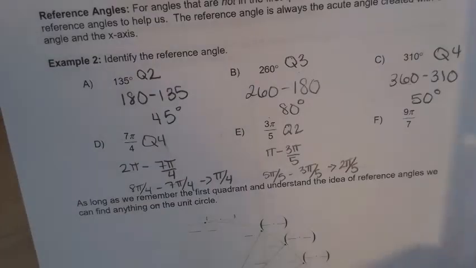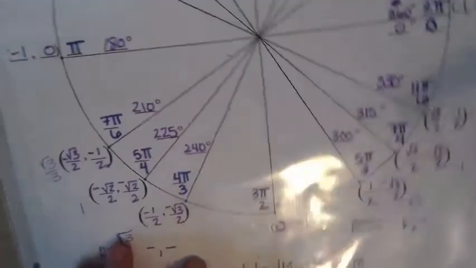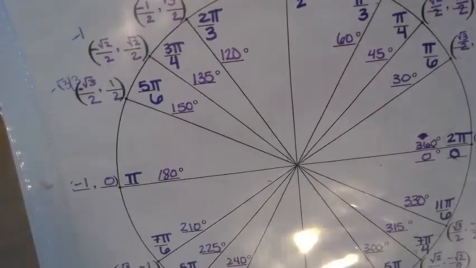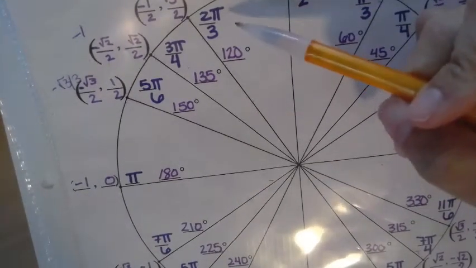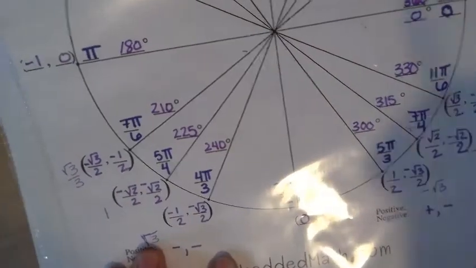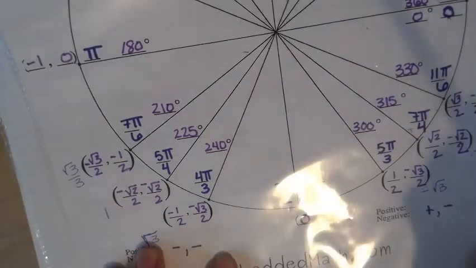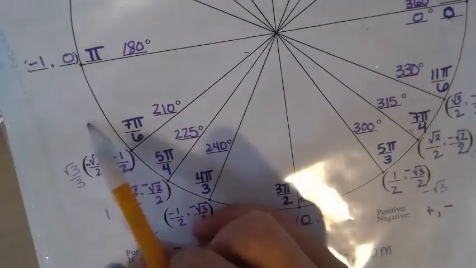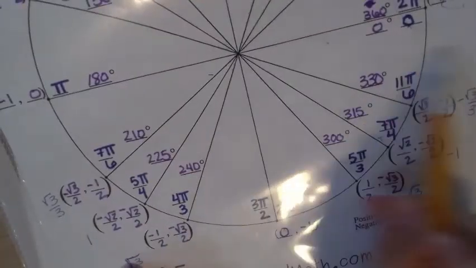Next is 9 pi over 7. So we need to figure out where that is. 9 pi over 7, well, the numerator is greater, so it's not quadrant 2. So this is what I look at. Let's look at the denominator. Over 7 would either be right over here or right over here.